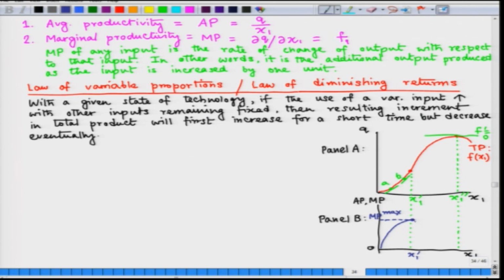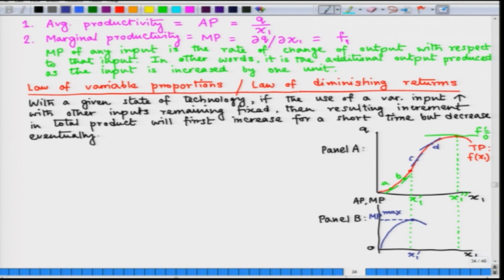So, you can see any 2 points here, say C and D, and you can note that the slope at these 2 points is basically decreasing. So, the slope at point D is less than slope at point C. So, basically marginal product is falling.